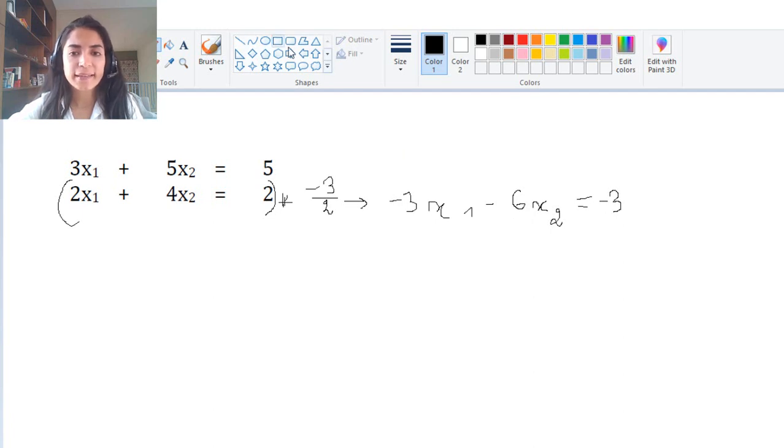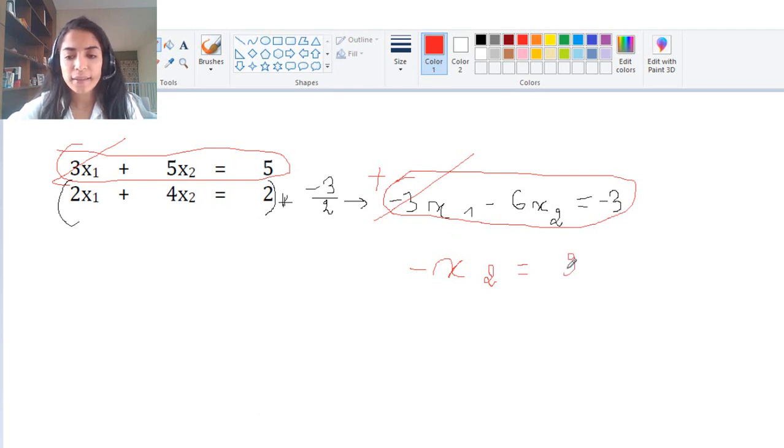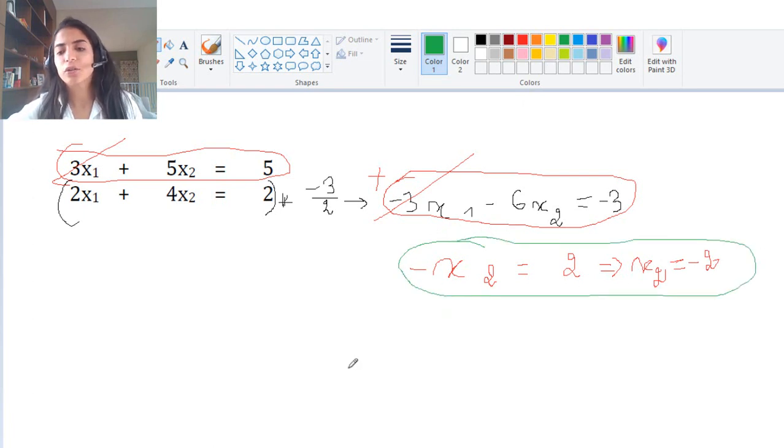So now this is my second equation, basically. What I'm gonna do is to sum these 2 equations. So if I sum them together, of course, 3x1 will cancel with minus 3x1. I will have only minus x2 is equal to what? To 5 minus 3, which is 2, and this means that x2 is equal to minus 2. So this is basically my first unknown, x2.